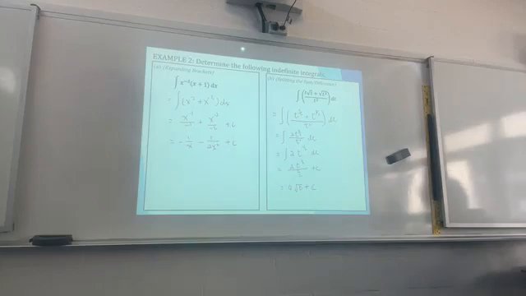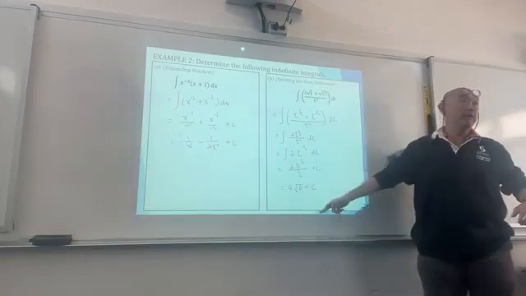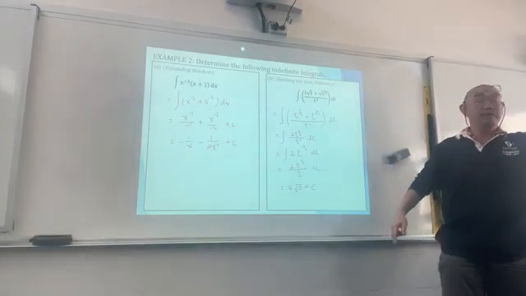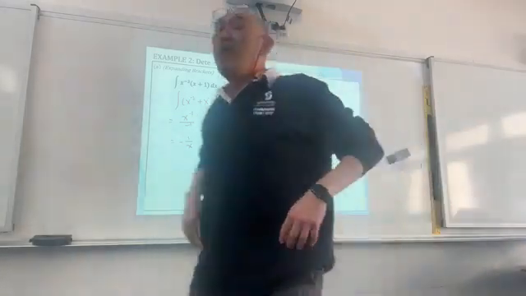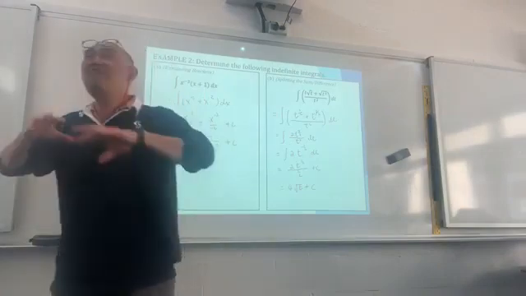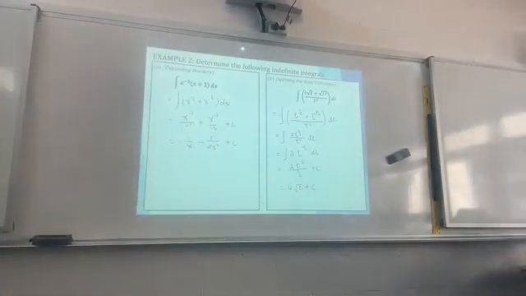Does it matter if we leave it as 4t to the half? No, it's fine. I just generally recommend that because this is a radical, you put it in radical, that's all. It doesn't matter. What you've done is correct. There's nothing wrong with it. My suggestion is always make it into a fraction so that you don't have to divide by a decimal.